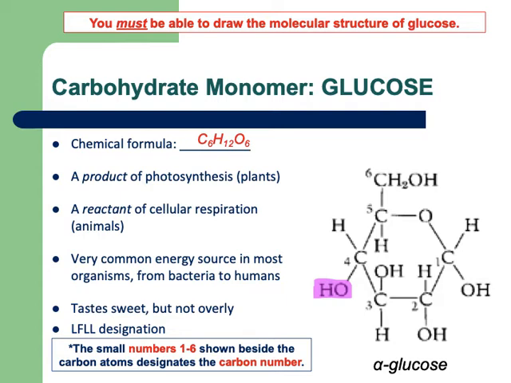When we are counting the carbons within the actual chemical structure, we can see that on the far right side, we have carbon number 1, then it links with carbon number 2, which links with carbon number 3, which links with carbon number 4, linking to carbon number 5, and at the very top, we have carbon number 6.